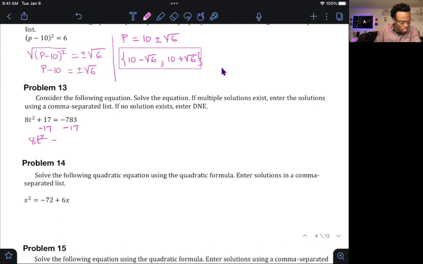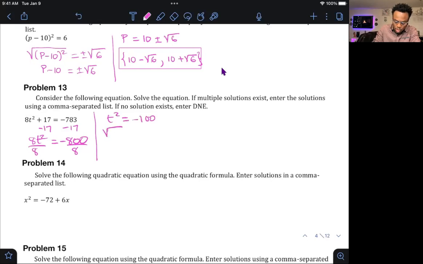8t squared equals negative 800. We divide by 8. So we would have t squared equals negative 100.